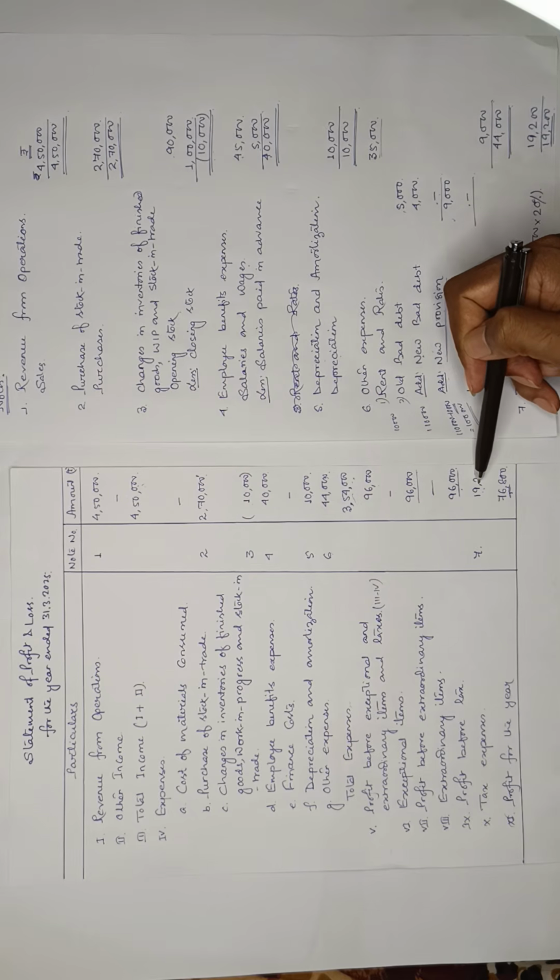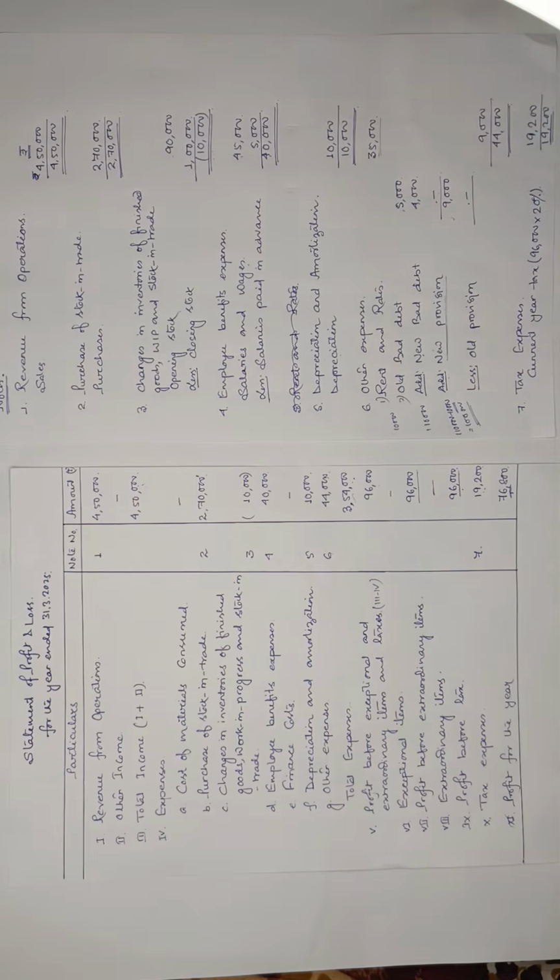In this case, if you see adjustment 4, you'll find that provision for taxation to be made is 20%. So I have calculated tax expenses, which is there in note number 7. Note number 7 is the tax expenses. Current year tax is 96,000 into 20%, which is 19,200. So I have written 19,200.